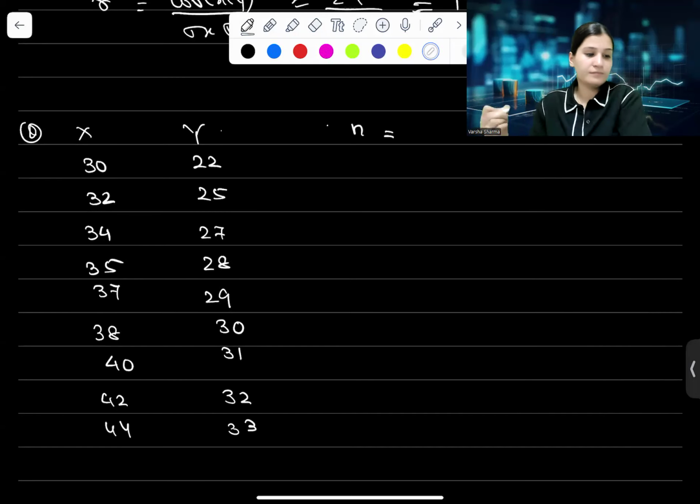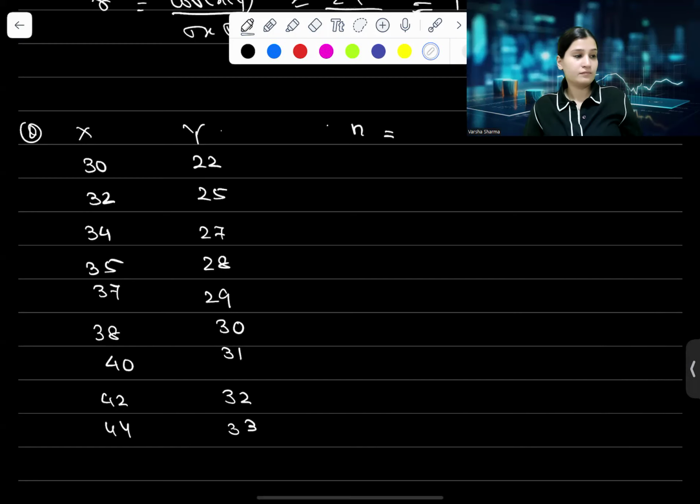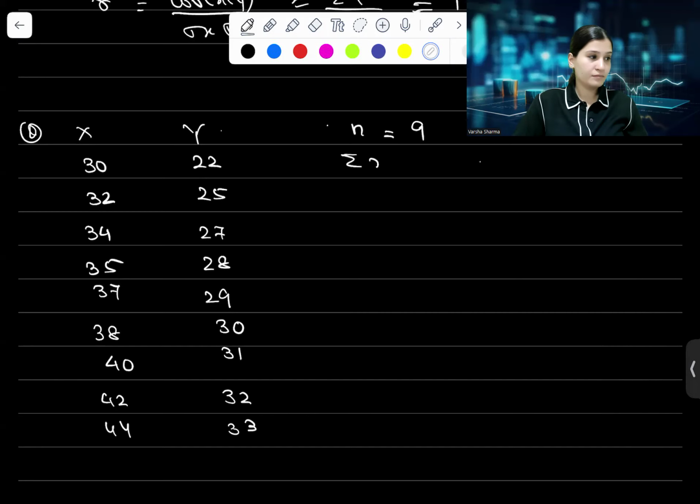Here N is 9. Summation X is 332. Summation Y is 257.